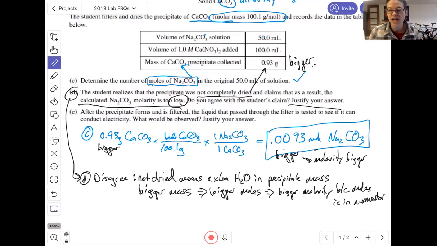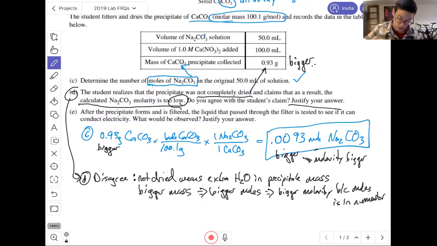Most of the time when they ask a question like that, they are asking you to basically walk back through a calculation you just did. It's not typically an unrelated calculation. You just did the calculation in C, and they're telling you this not completely dried thing.